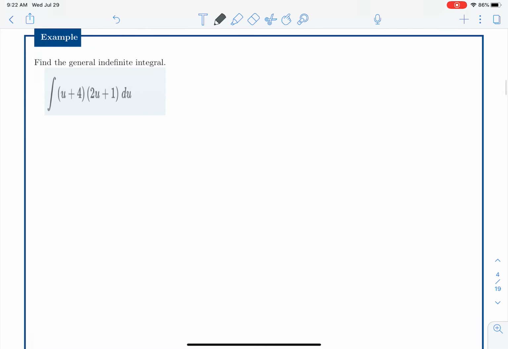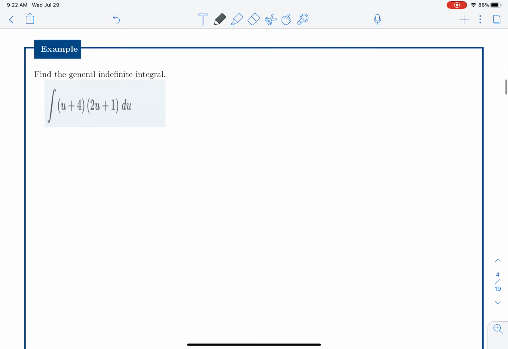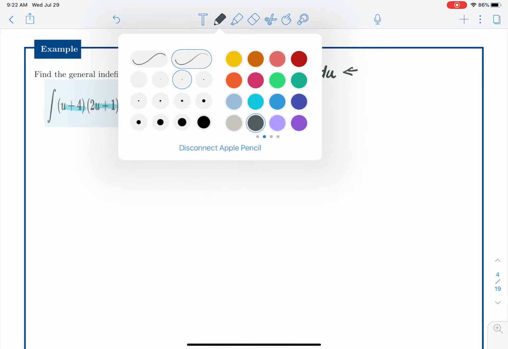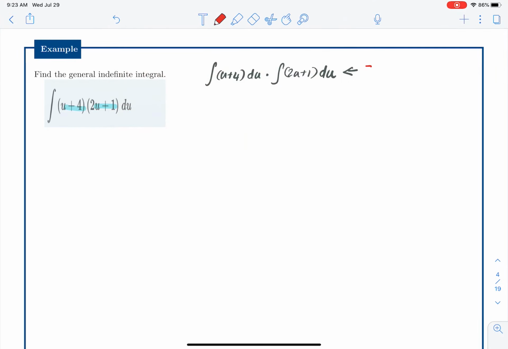So here is an indefinite integral where we have two functions in the integrand that are in product. Now we can't simply write it as a product of integrals. Now this is incorrect. You can only split the integral if you have sums or differences.